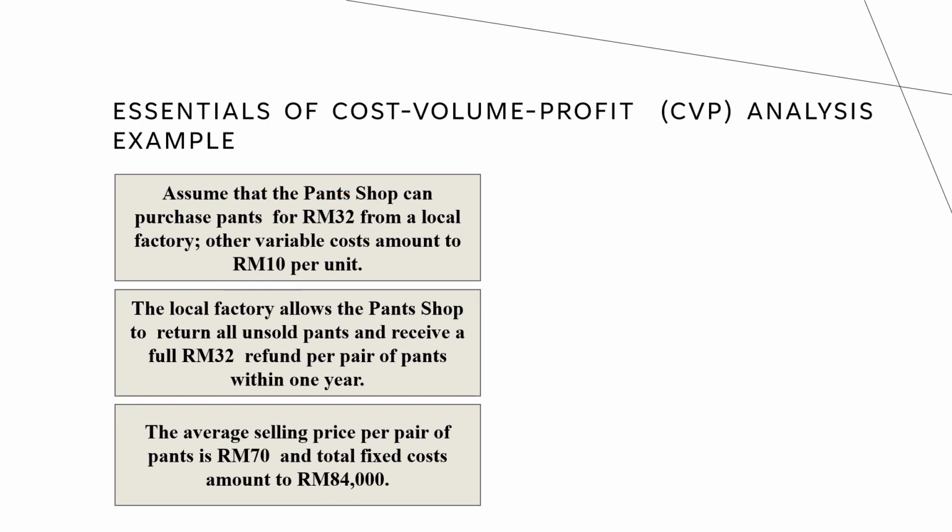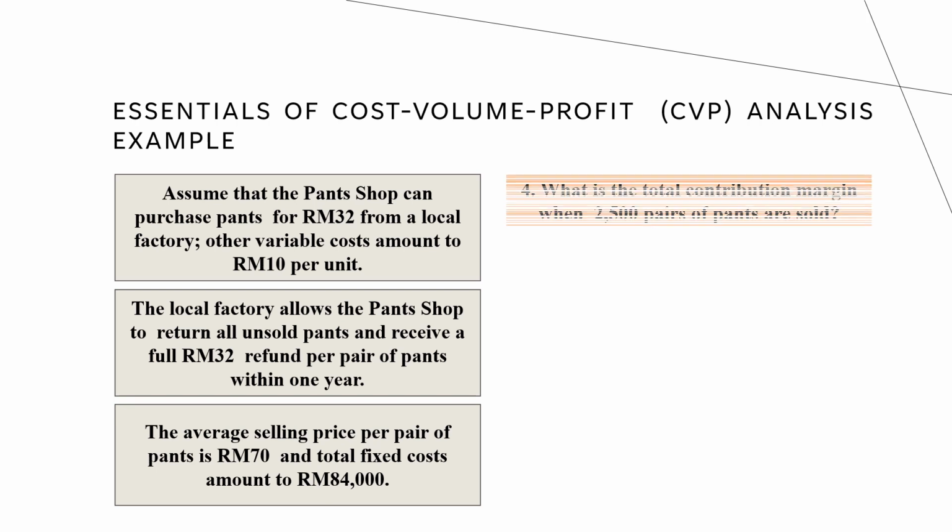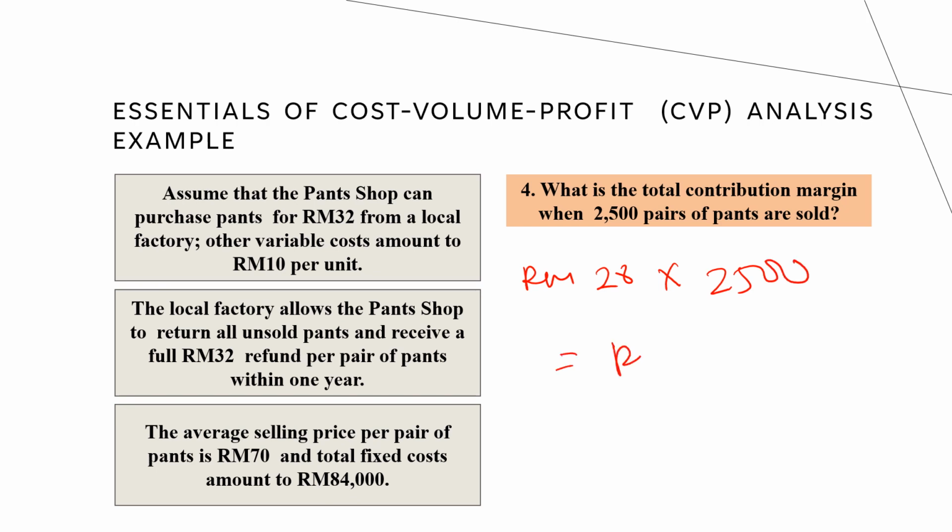And then next question, they ask you what is the total contribution margin when 2,500 pair of pens are sold. So you got the answer of 28 contribution margin, just times by 2,500, so equivalent to 70,000.